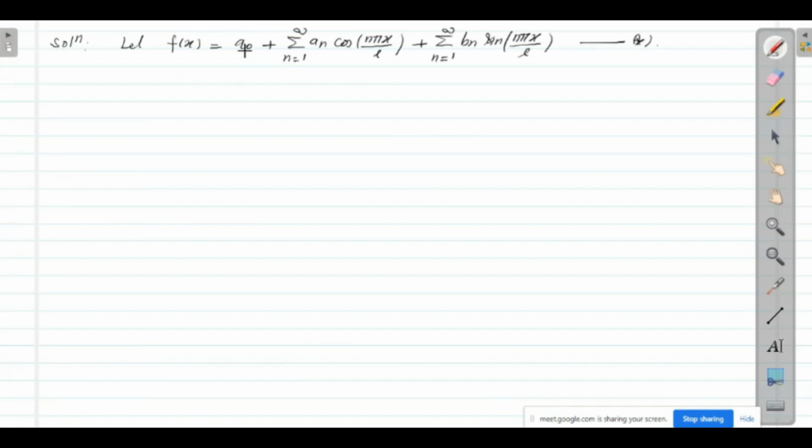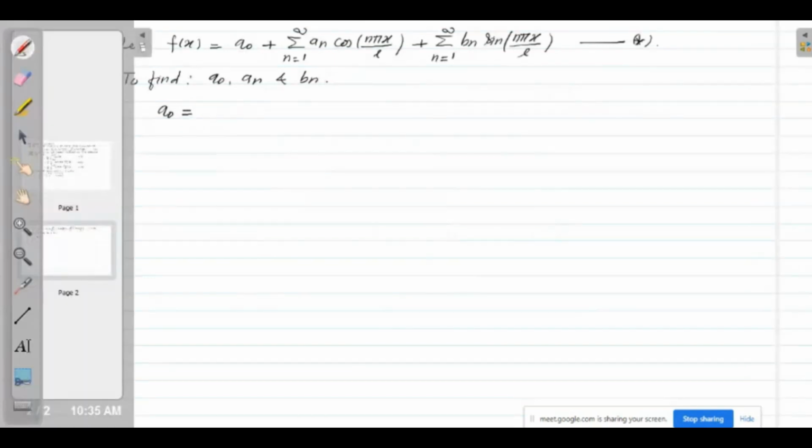Now we have to determine a naught, a n and b n. To find the Fourier coefficients a naught, a n and b n, we have the formula. What is the formula for a naught? A naught equal to 1 upon 2l integration of limit 0 to 2l f of x dx.